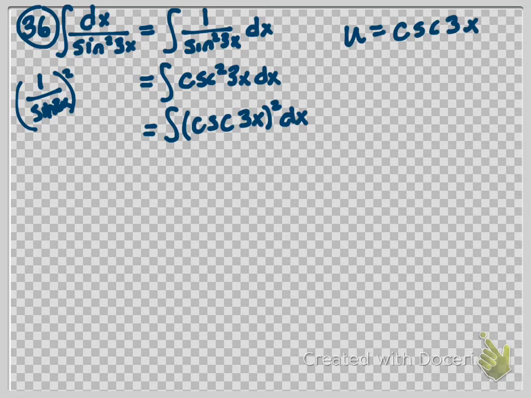And I know I'm going to need my du dx, which is... Well, first of all, here's a thing you might be sophisticated enough to latch onto. And for those of you that don't like writing steps, you should appreciate this. If I'm going to take the derivative of this right side as a chain rule, I'm going to have to take the derivative of the inside, which is going to pull a 3 out front at the end. I may as well do that now, right? So I've dealt with the derivative of the inside before I even look at the cosecant. Okay, and what is the derivative of cosecant?